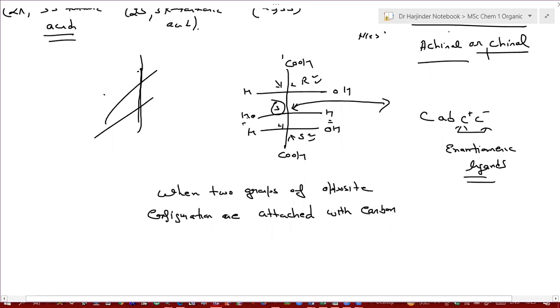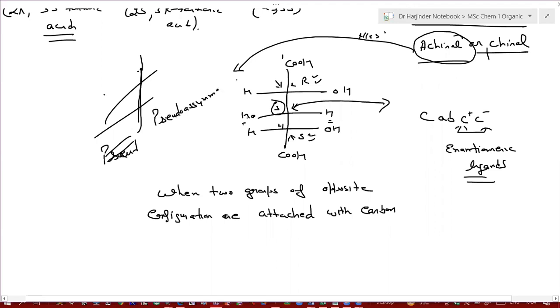This kind of carbon is an achiral carbon and it is also known as a pseudo-asymmetric carbon. And when you have a pseudo-asymmetric carbon, of course it is achiral.